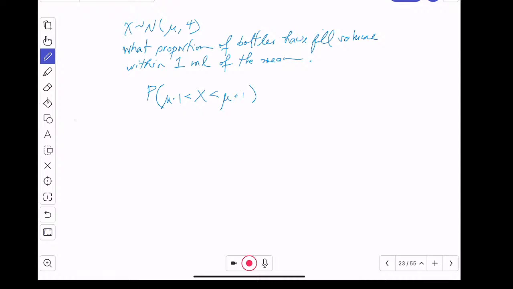So when I standardize that, notice the mu is not necessary. I don't need to know the mu to solve this. I standardize it.